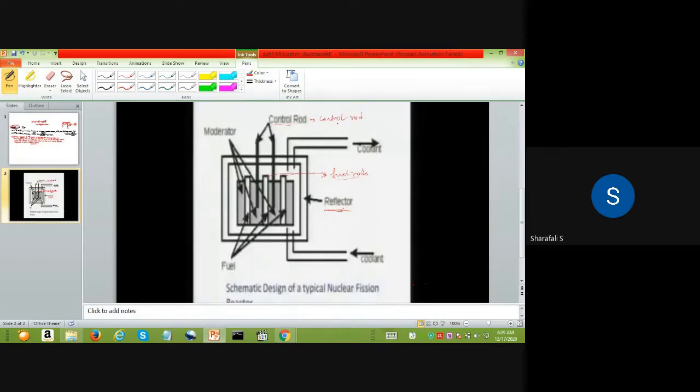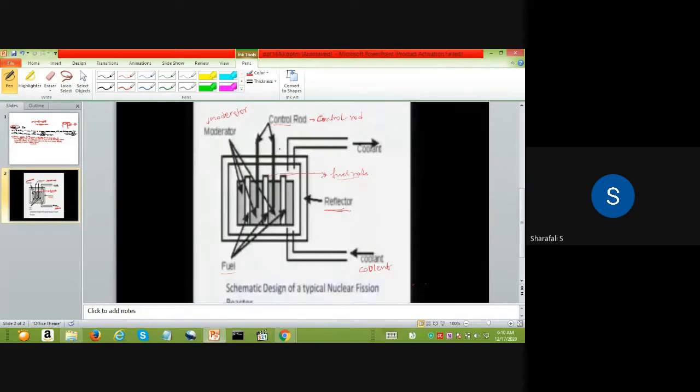Control rods. Then this is the moderator. Then we have fuel. Then we have here the coolant.